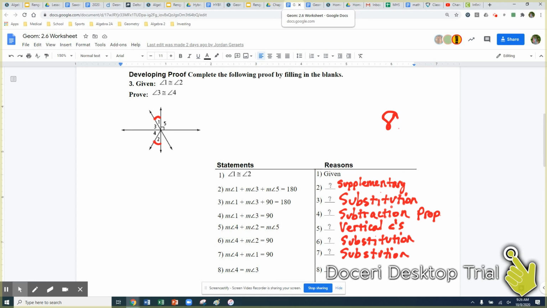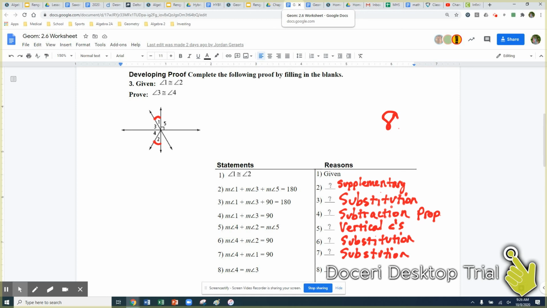So looking at this, the measure of angle 4 plus the measure of angle 1 equals 90. The measure of angle 3 plus the measure of angle 1 equals 90. If I say that the measure of angle 4 plus the measure of angle 1 equals 90, also the measure of angle 3 plus the measure of angle 1 equals 90.